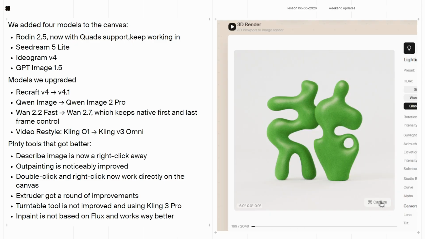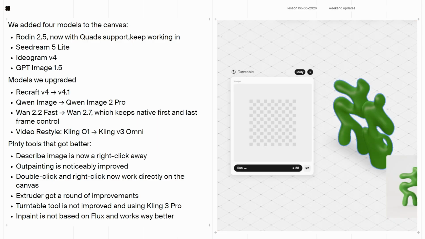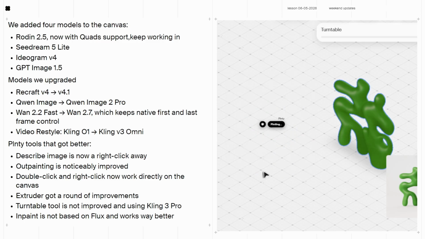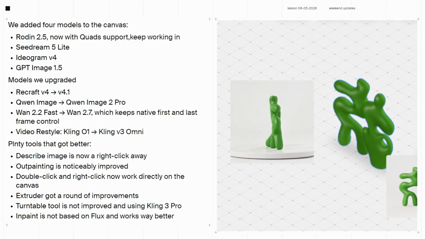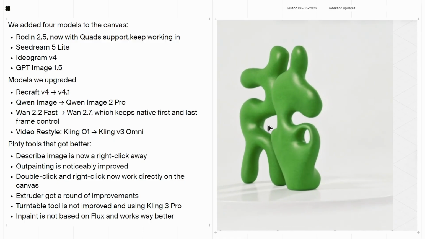Default settings, I'll just grab a still. I'll take it into the turntable, and without further settings, now it will generate using the new model, which simply gets much better results. And we'll probably extend the turntable tool to get some other presets, different motion, and so on. Let's just wait a second to see the result. Yep, so it's done.